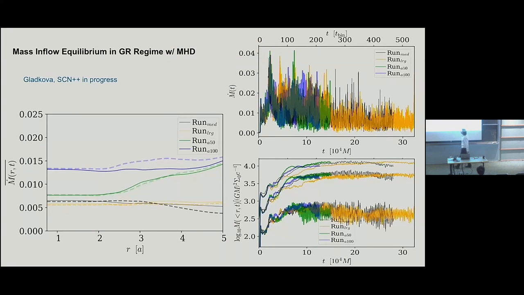M dot is flat, so we're in pretty good mass inflow equilibrium. We haven't run the 50 M separation or 100 M separation as long as this large case. Large is just a bigger disk. It's like the situation we used in 2012, but with a bigger mass reservoir.